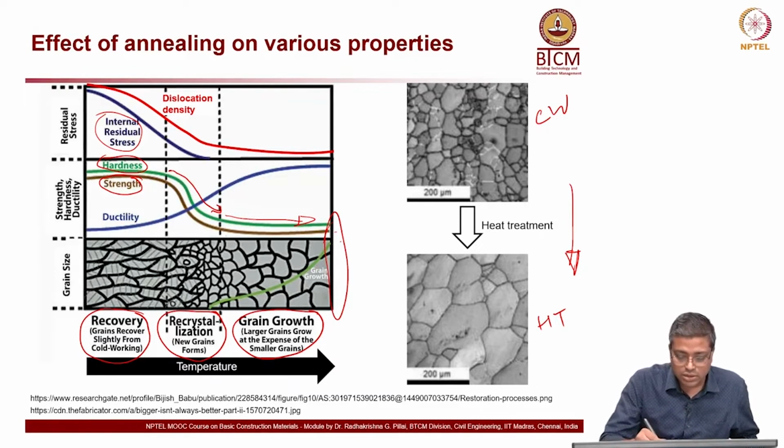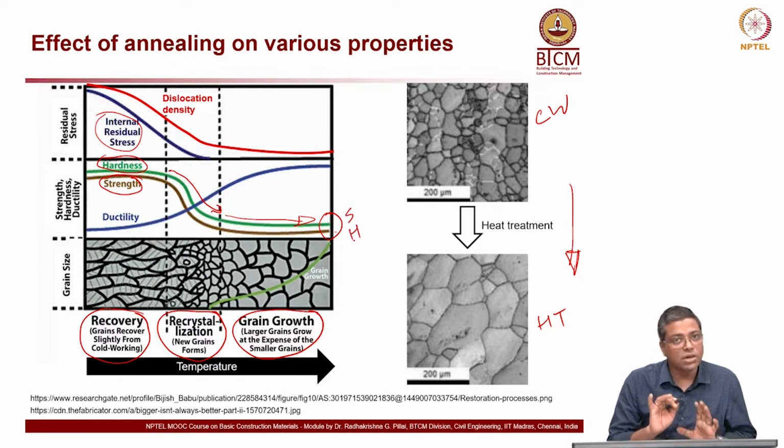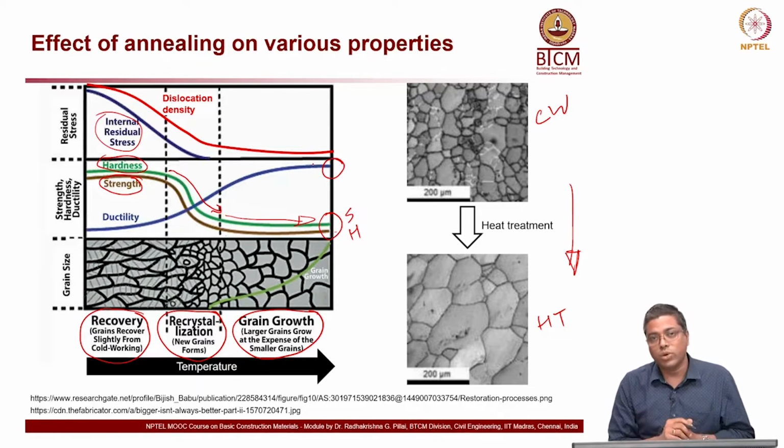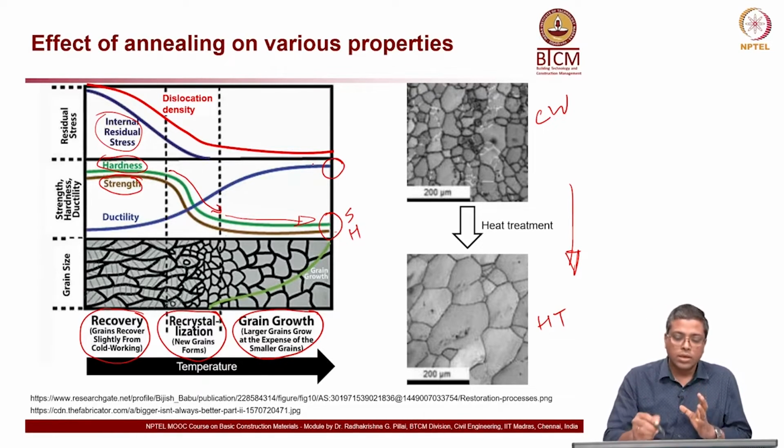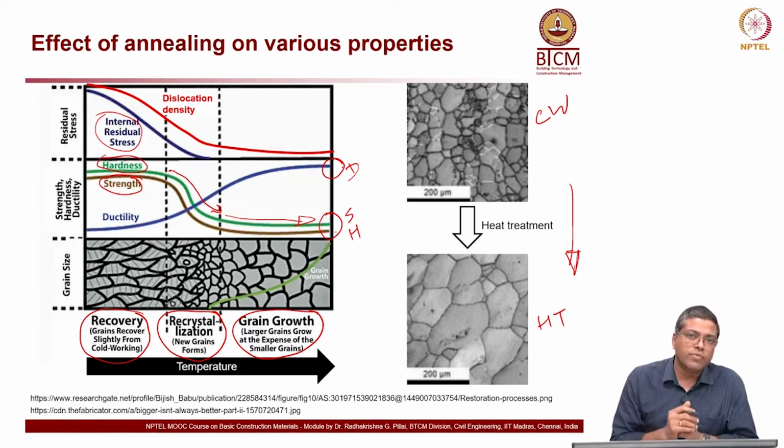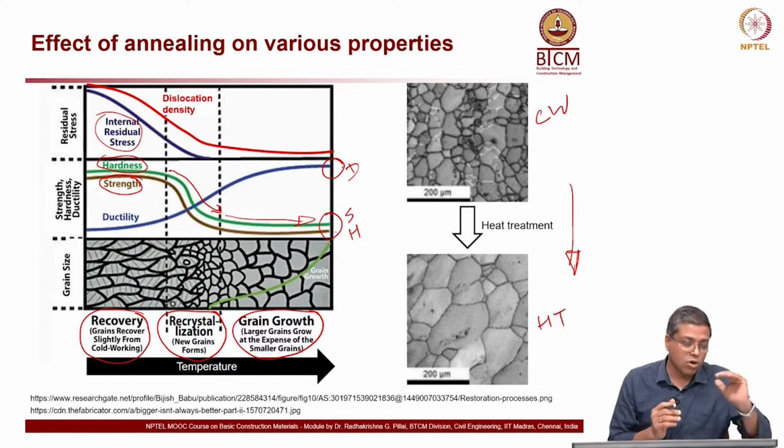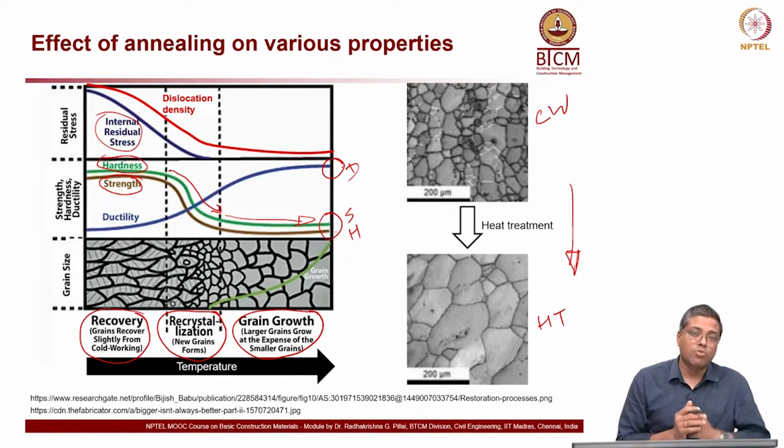So, over here these two are the strength and hardness. If they are sufficient, that is fine. Here ductility, if it is sufficient, that is fine. So, you always have this requirement on these parameters. Hardness, how much it should be, ductility, how much it should be, strength, minimum how much it should be.